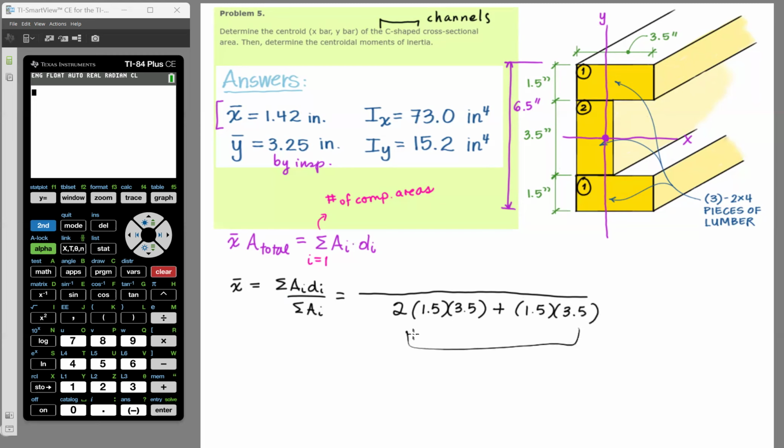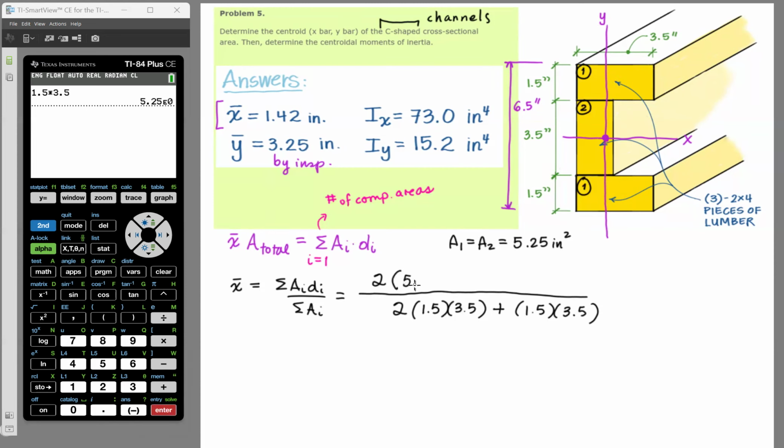I could have just grouped this together if I wanted to, but that's okay. The numerator is areas times distances. So, goodness, 1.5 times 3.5. Yeah, let's go with that. I'm just going to say area 1 equals area 2 equals 5.25 inches squared.